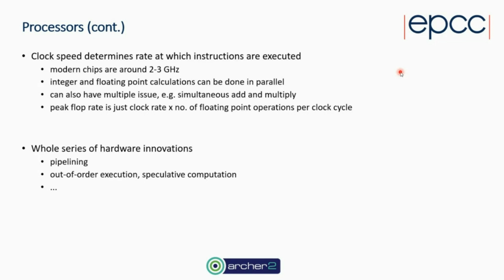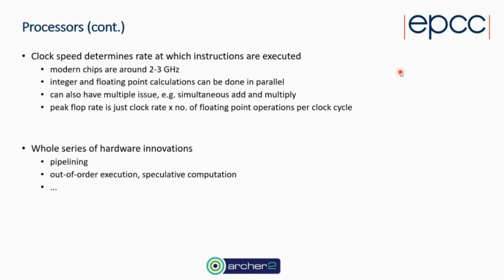And modern processors are superscalar in the sense that they can use all of those at once. So every clock cycle, it can theoretically do something on every one of those at one time. So you can run an integer instruction and a floating point instruction and a load store in the same clock cycle.